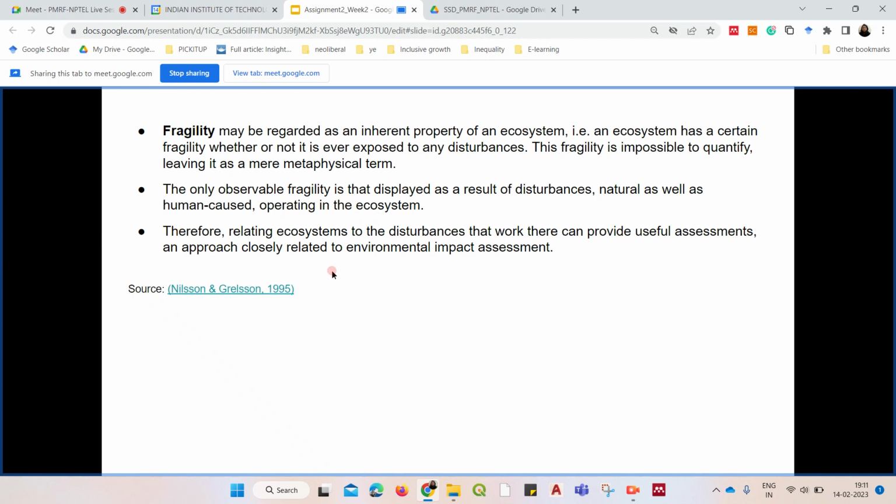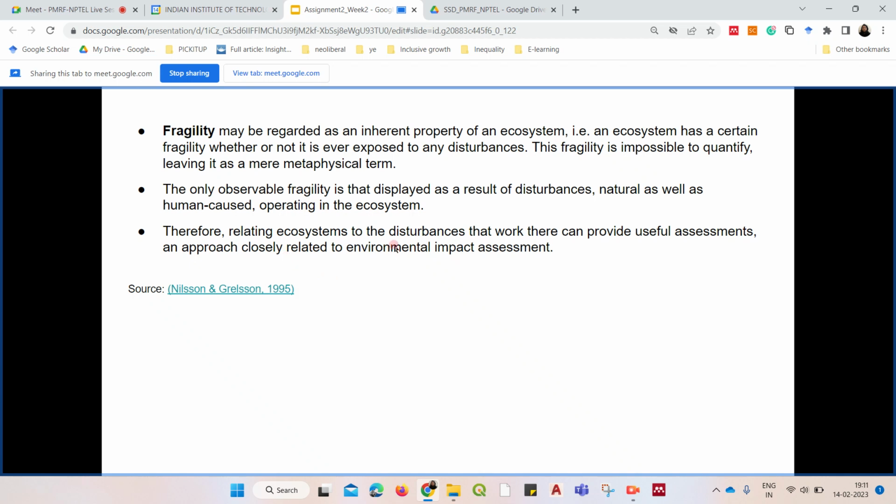The problem with the concept of fragility is that it is only measurable once the disturbance occurs. It can either be a natural disturbance or a human caused disturbance, but after the disturbance occurs, how much the ecosystem has reacted to that disturbance can help us measure how fragile the ecosystem is.